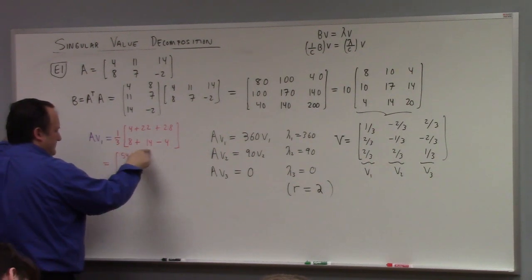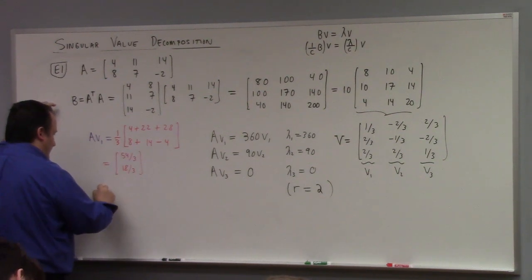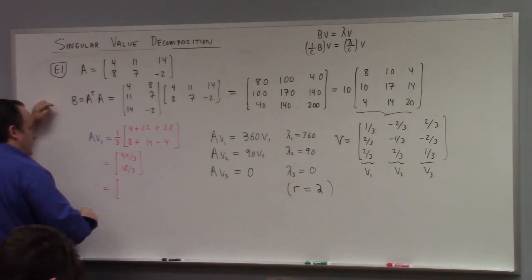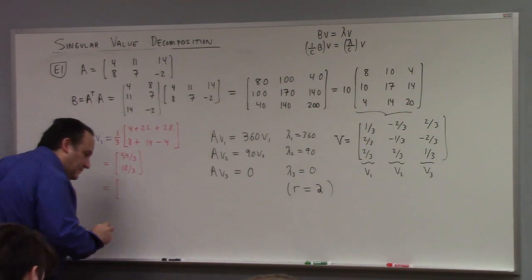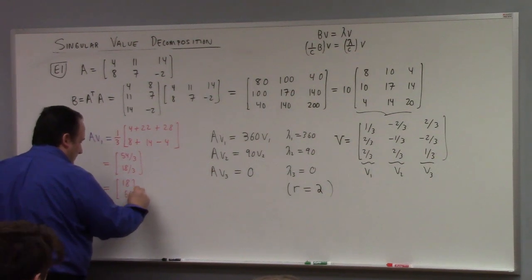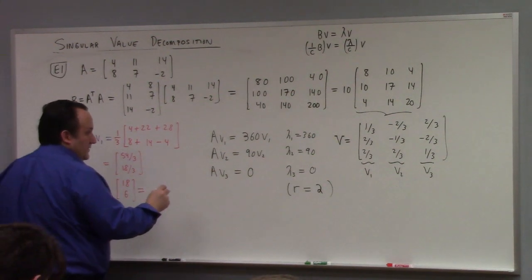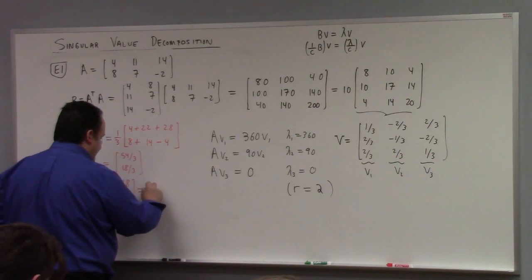And this gives me what? 18 divided by 3? Okay, so we've got actually what? What's that? 18, 6. All right, great. And that is equal to the square root of 360, right?